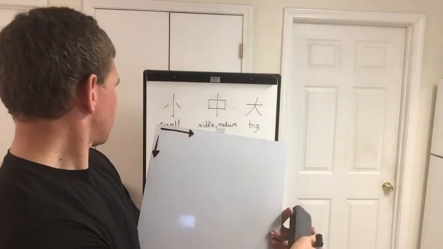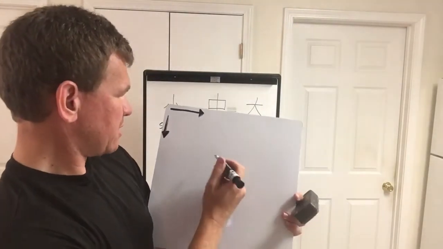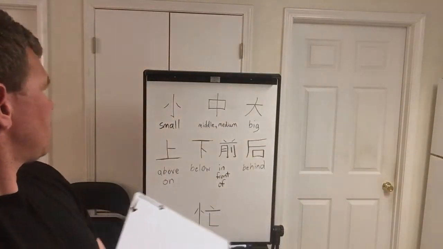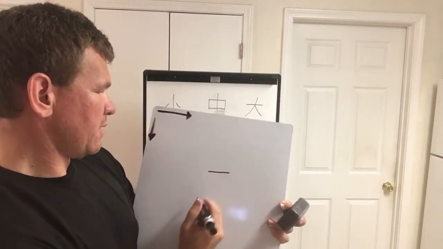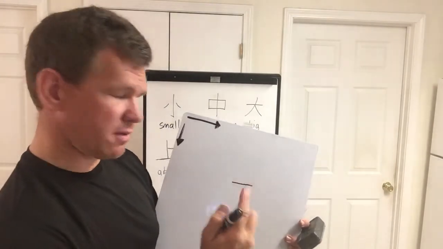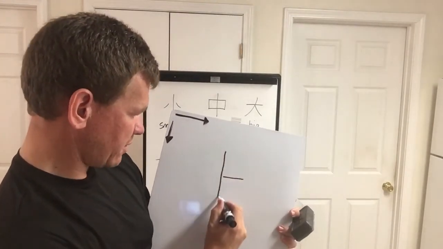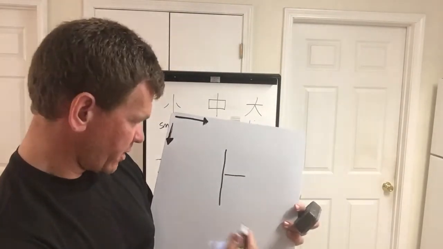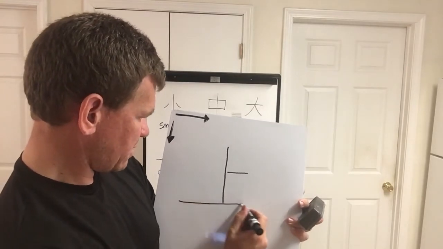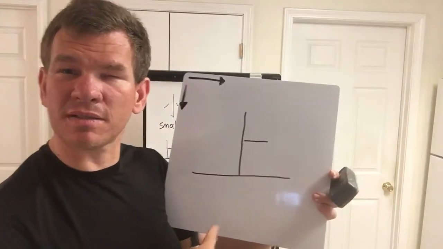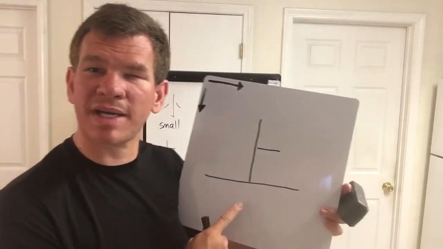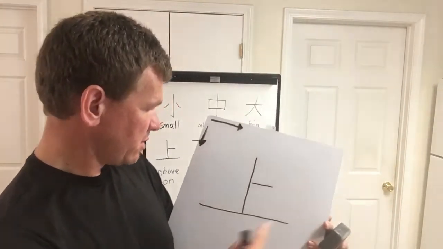Next, above. So this one starts with that small line, the small line that goes horizontal. That's stroke 1. Stroke 2 goes down. Stroke 3 is the biggest. Now I'm utilizing this whole space here. Probably the bigger that I make this, the better for you guys, so you can see it clearer.